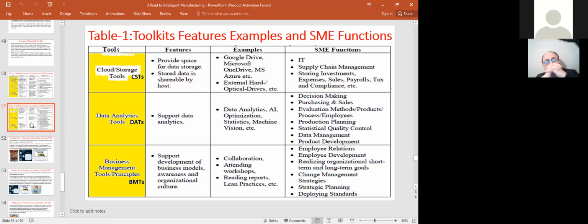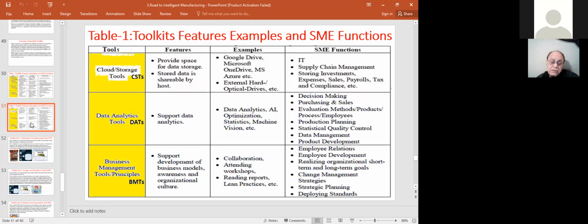The next set of tools are also called CSTs. These CSTs are really cloud storage tools, and they provide you a large storage space for your data. And data is used for decision making, and data is used for interpretation of the trend and fault diagnostics.